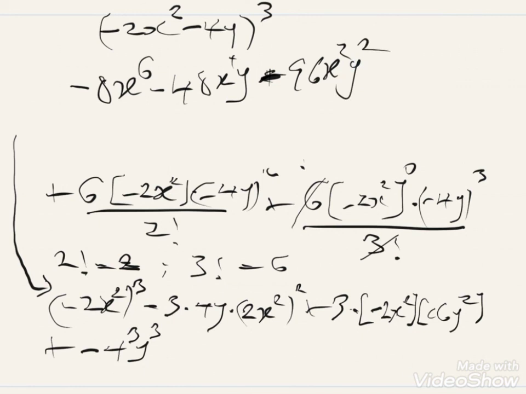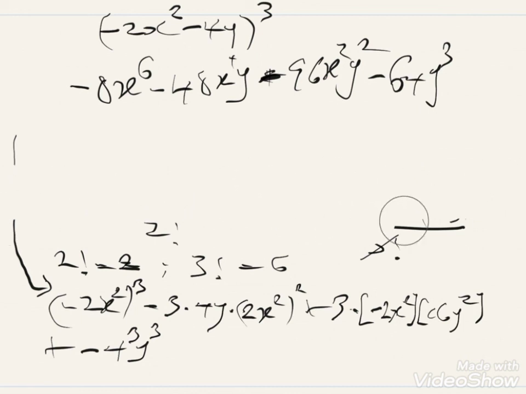All right. So the final answer becomes still minus, minus 4 cubed gives me 64, y³. So if I clean this, I have the answer already.